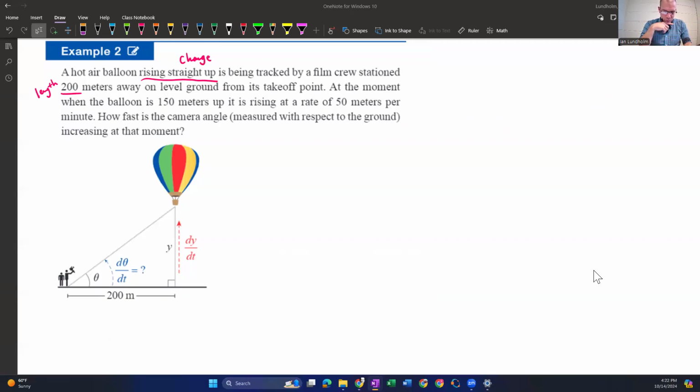At the moment when the balloon is 150 meters up, so this again is another length of a right triangle, and it's rising up at a rate of 50 meters per minute. So that 50 meters per minute is the rate of change that I underlined earlier. This is change in length or change in height.